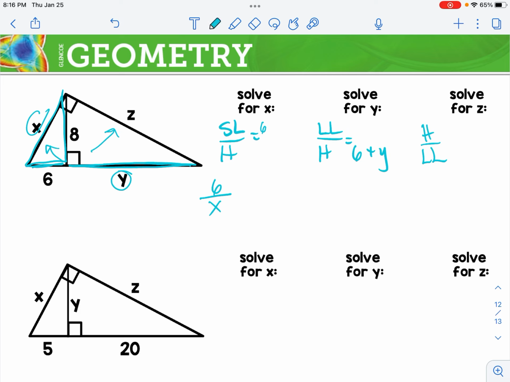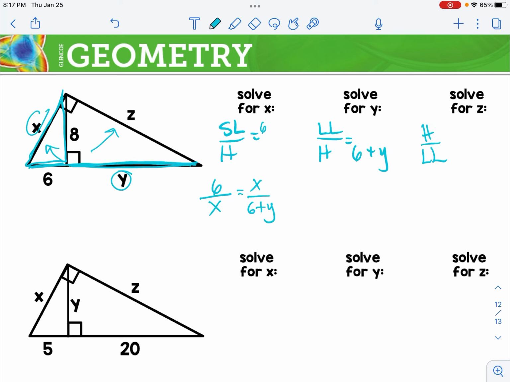Now we're going to do the other triangle that has x represents the short leg. And now its hypotenuse, so that was this one, its hypotenuse is this here, which is 6 plus y.